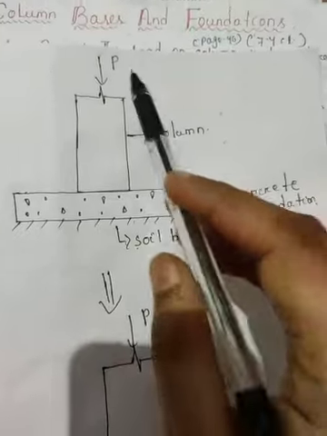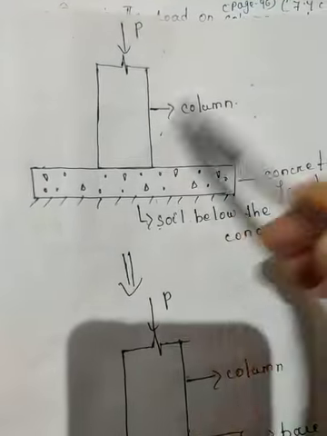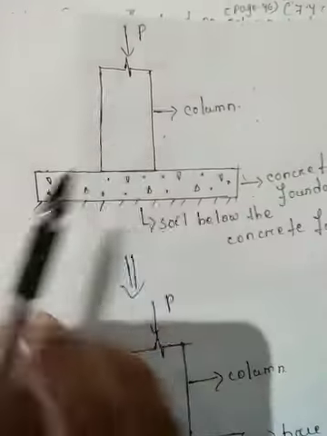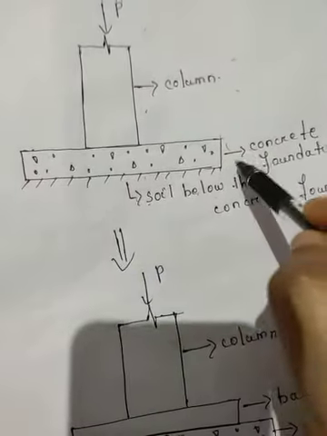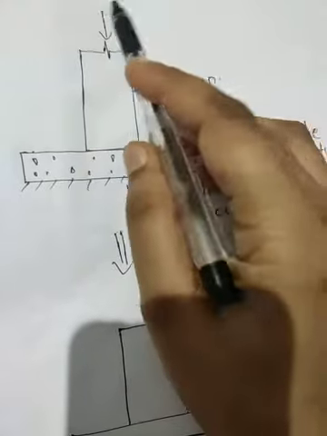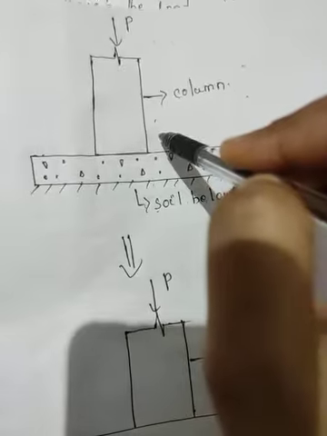In general, the load that is coming on the column is transferred to the soil through the concrete foundation. But in case of steel structure, the concrete foundation does not have that much bearing capacity to resist the load that is coming on the column.